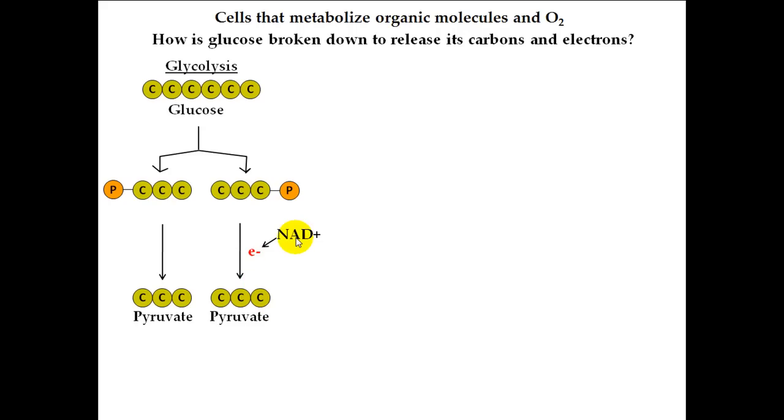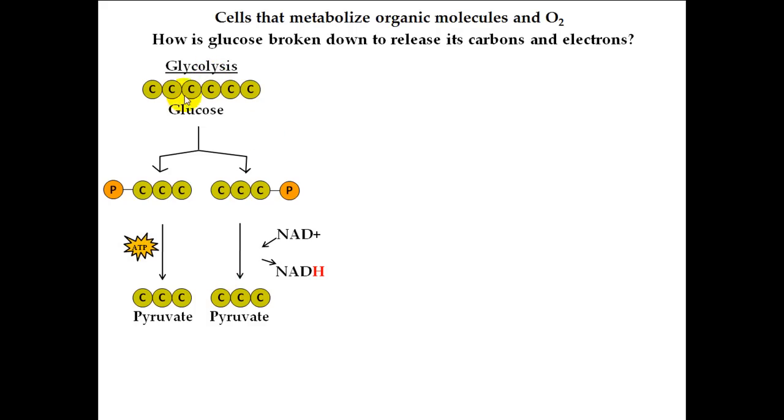When it does so, NAD+ takes on not only an electron but a proton to become NADH. So it's that hydrogen atom that now contains the released high energy electron. And this is the molecule that ends up delivering that electron to the electron transport chain and the oxygen that's awaiting it at the end. If you remember, this second part of glycolysis also releases a little bit of ATP, so that's valuable too.